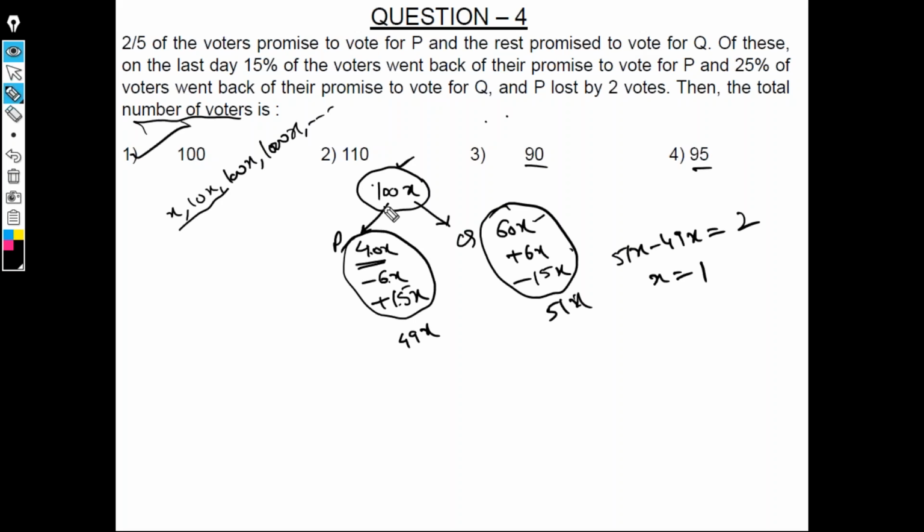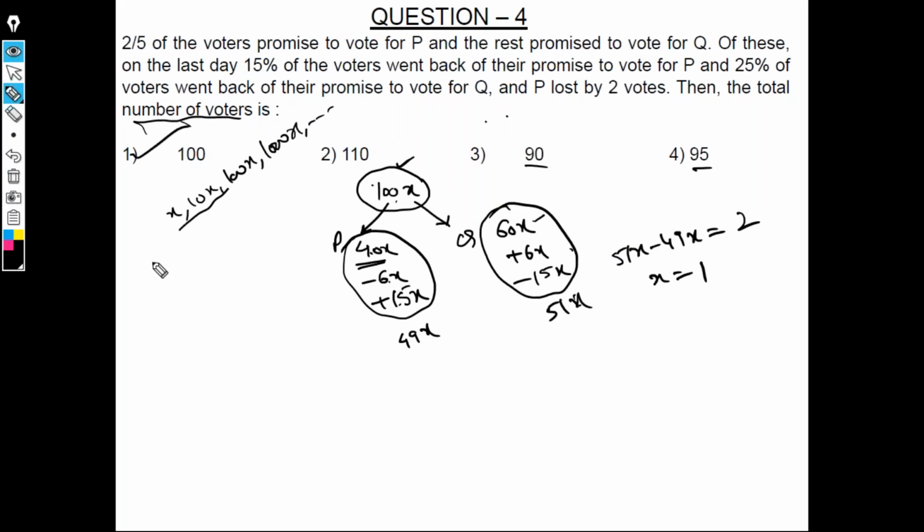So while solving these kind of questions, when someone went back on their promise, it means now they are going to vote for the other party. So in these kind of questions, please focus on that. Try to form a tree, something like this. So this tree formation helps a lot.